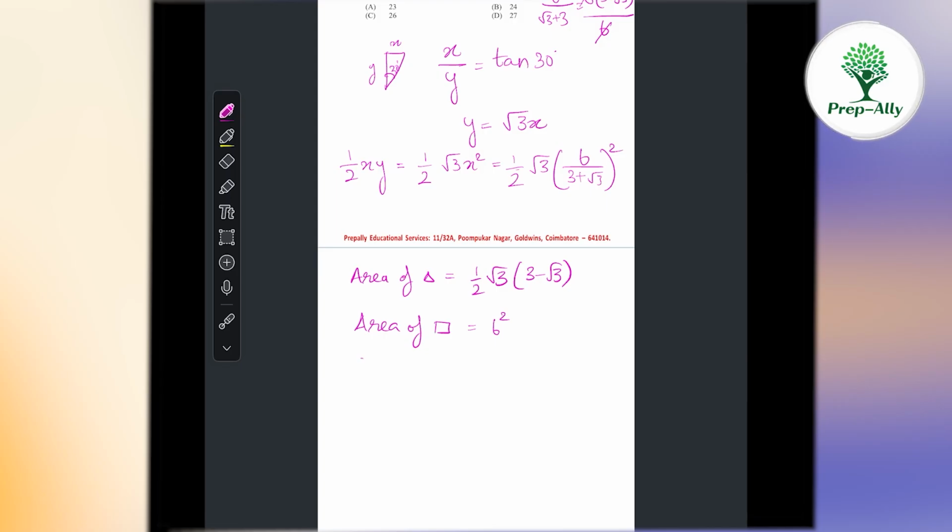So what do we need? The area of the polygon equals 6 squared plus 4 times the area of the triangle, that's 4 times half root 3 times 3 minus root 3 the whole squared, which equals 36 plus 2 root 3 times 3 squared, that's 9, plus root 3 squared, minus 6 root 3, which equals 36 plus 24 root 3 minus 36, which equals 24 root 3.